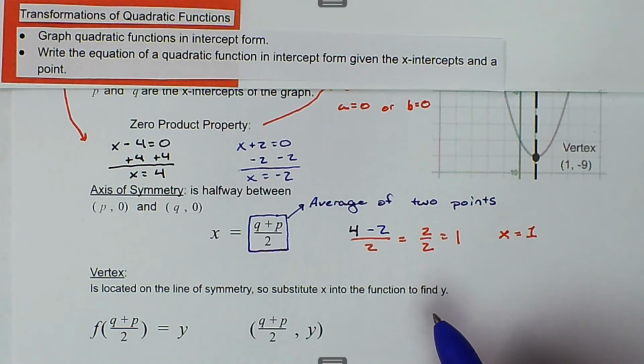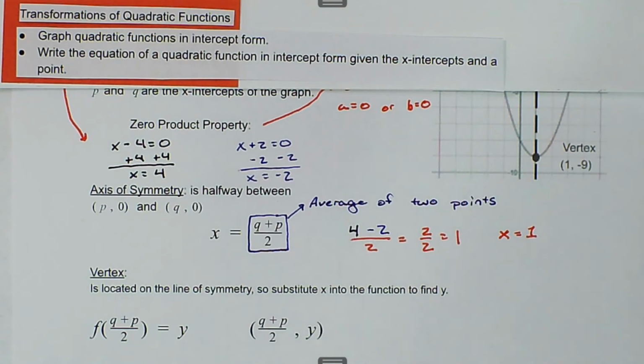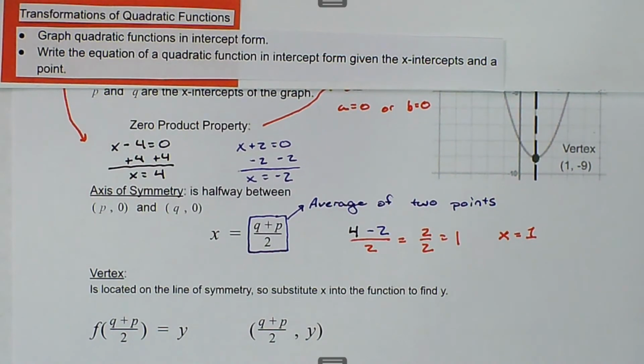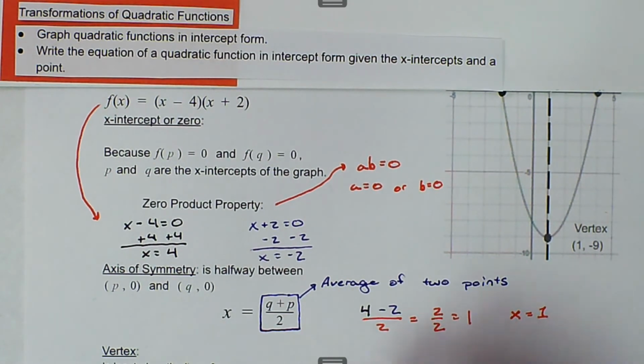So in this case, we found out that our axis of symmetry was 1, and so we substitute 1 back into the original equation, which was f of x. So in this case, we're going to say f of 1 is equal to 1 minus 4 times 1 plus 2.